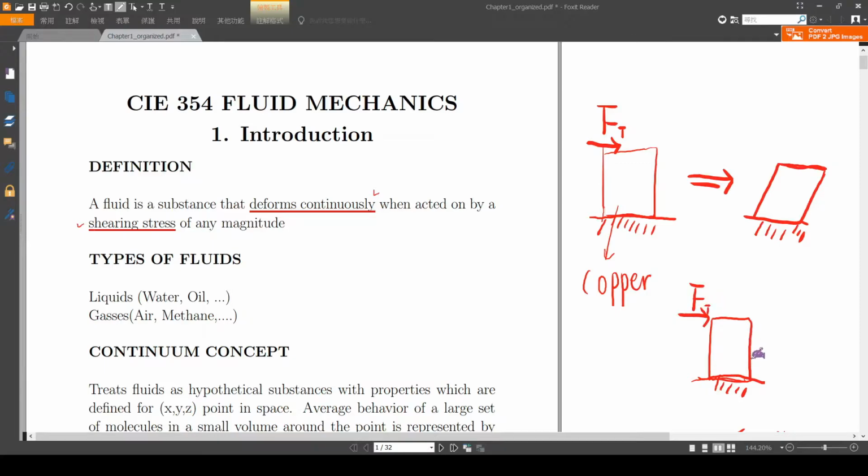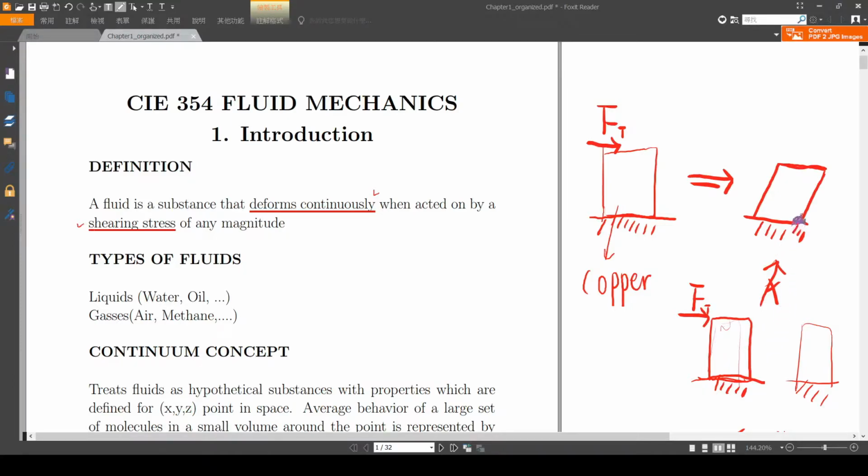Then what will happen? The water certainly will not become like this, right? It probably just looks almost the same. Because the fluid particles will deform. They will run, but they will deform continuously. So the deformation will not stop.